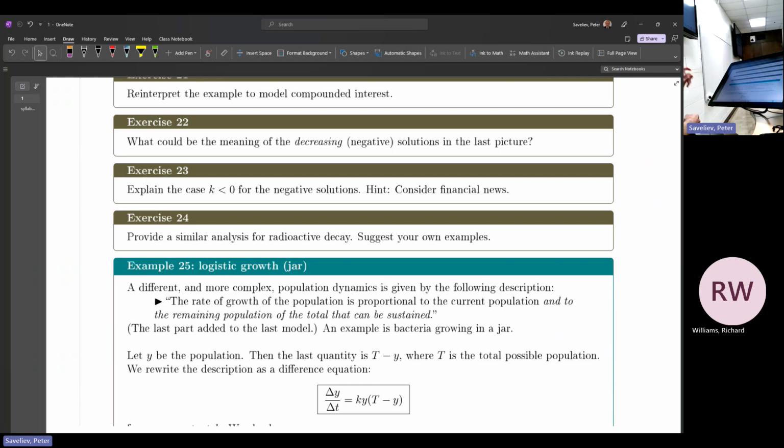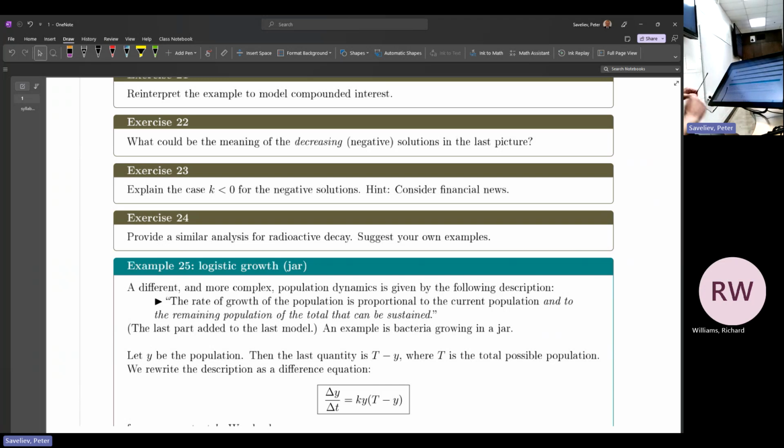So the higher the population, the higher it grows, but also we have to take into account that if we approach the limit, then how close we are to that limit of the population will bring us down. So it's T minus Y. Well, actually, it's not going to bring us down, does it?